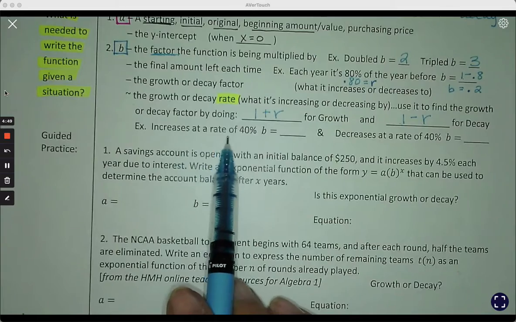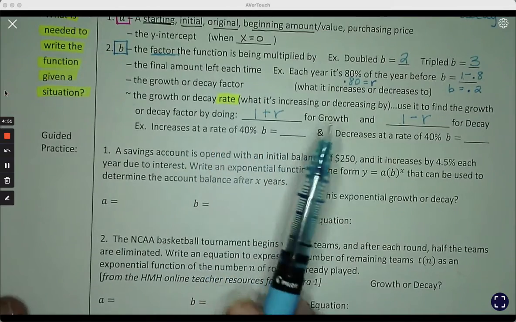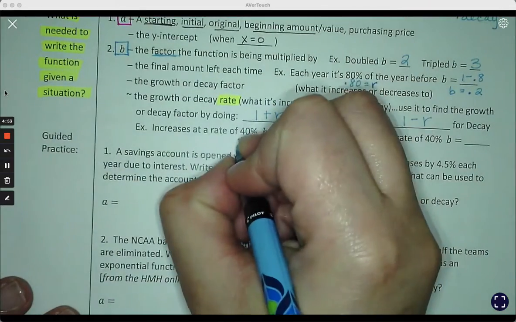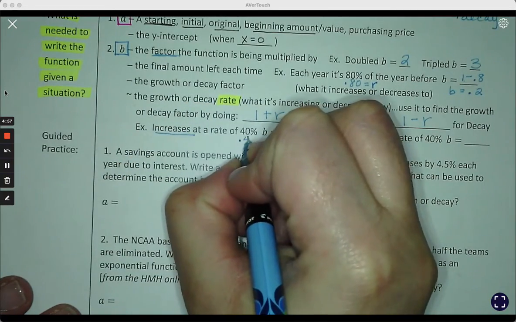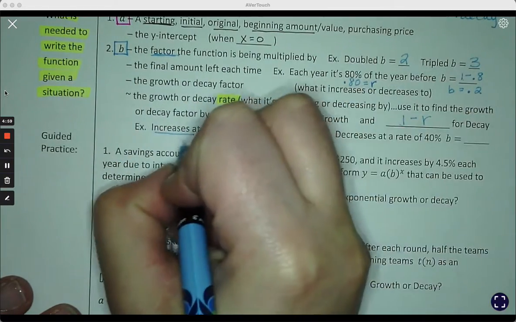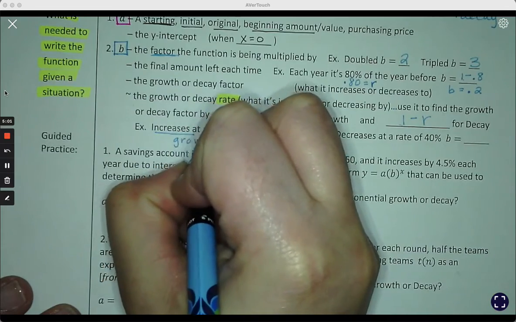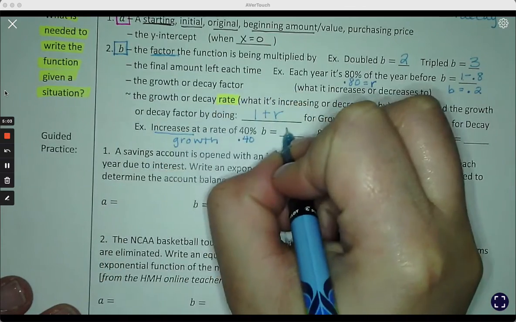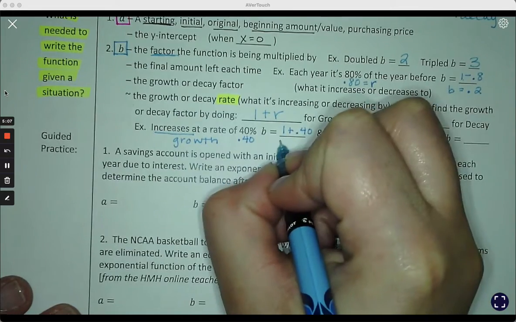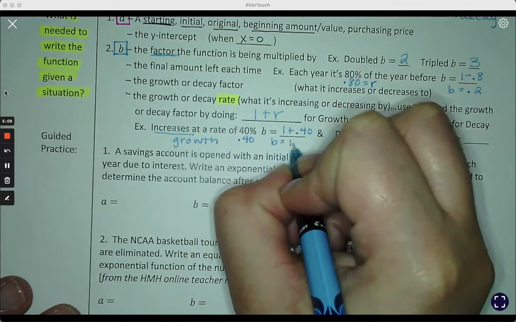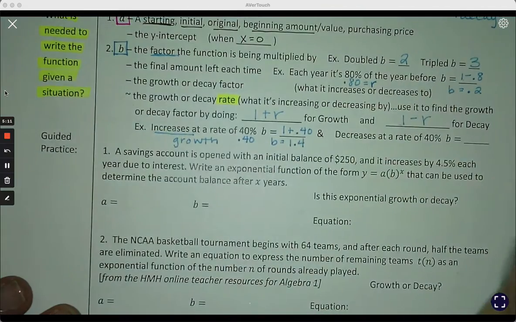If we increase at a rate of 40%, it increases by 0.40, so it's a growth. So 1 plus 0.40, so b is equal to 1.4.